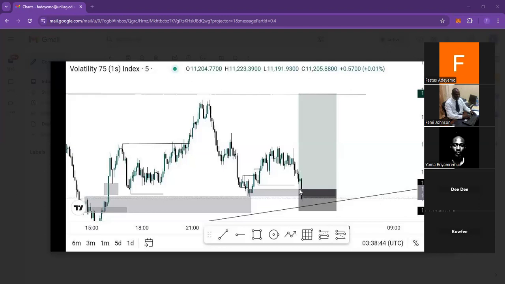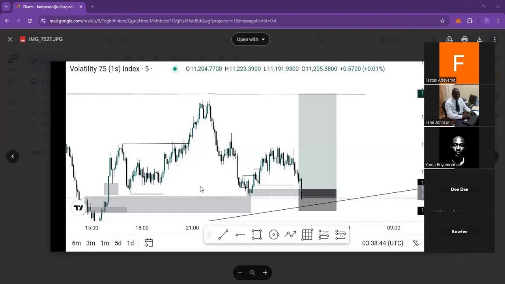But if you are looking at intraday, or you're a day trader, you can narrow down to 30 minutes and then 15 minutes, just to confirm the order flow and be sure that the order flow from each time frame aligns with each other, or has a similarity that you can use to understand what the market is trying to do.